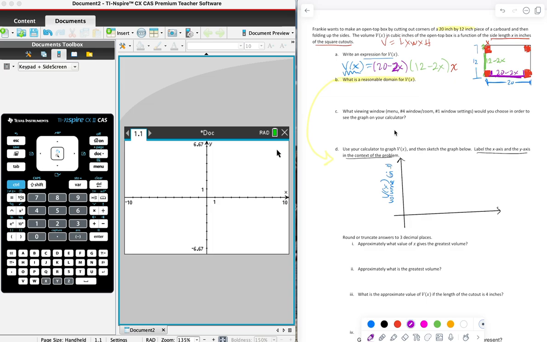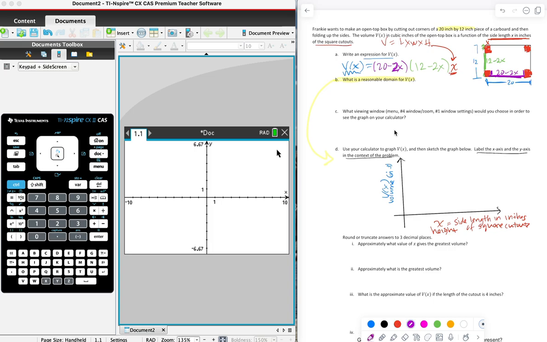And then we know here this is my x, so I said my x is a result of the side length of x inches cut from the cutouts. So you could write that exact thing. It's side length in inches cut out of the square cutouts. But an easier thing that you might want to write instead is you also know it's just the height. So you could have just written the height if you wanted to instead.